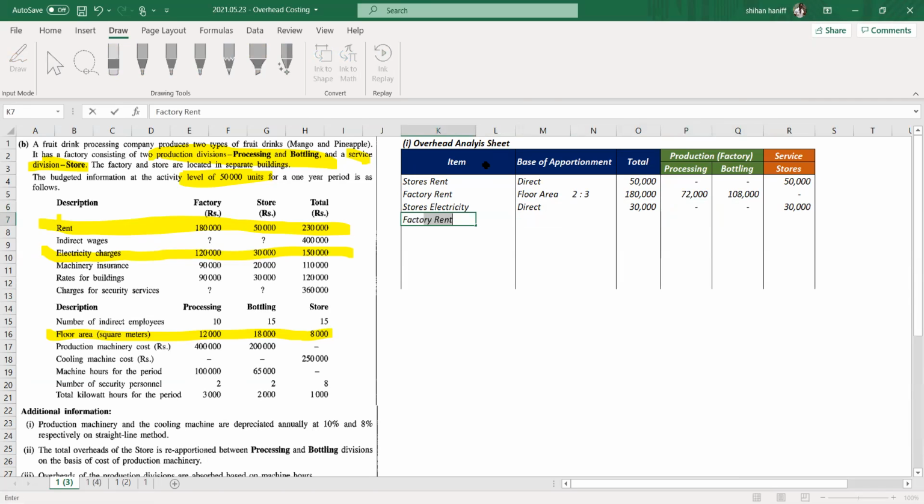Then factory electricity. What is the basis of apportionment for factory electricity? Just tell me, others. Shahid, Sarita, what is the basis for factory electricity?